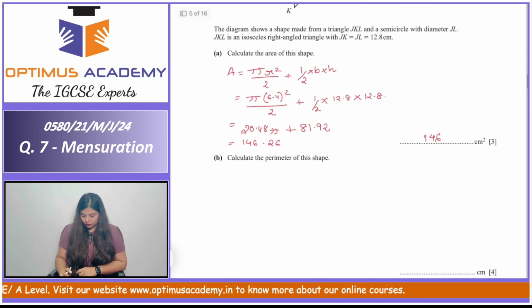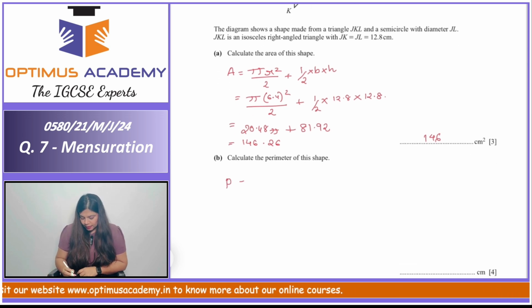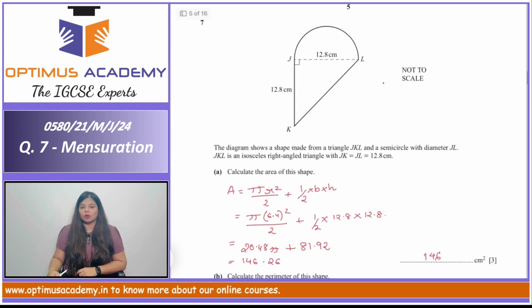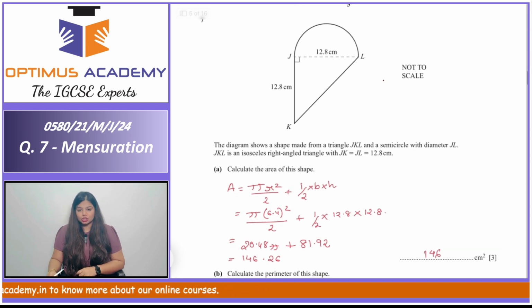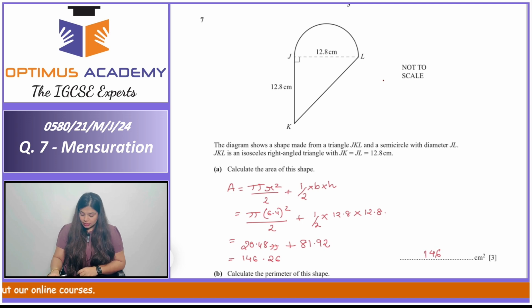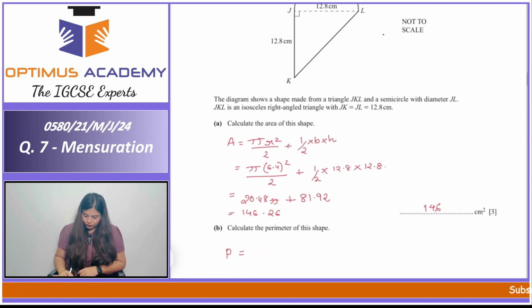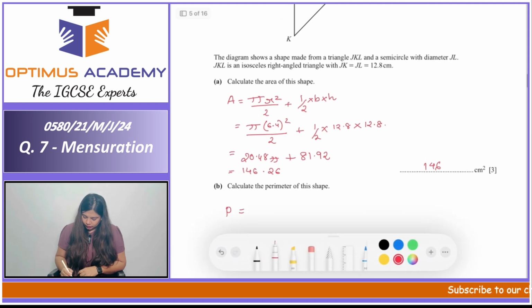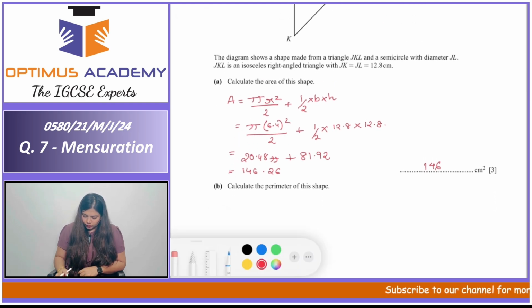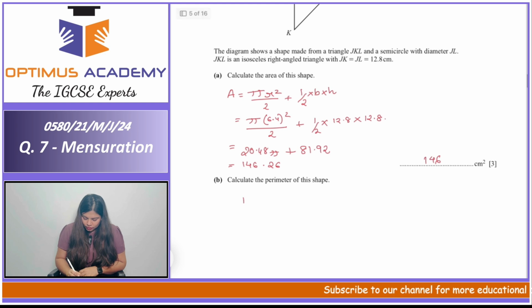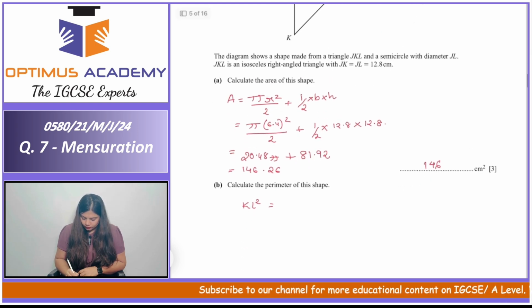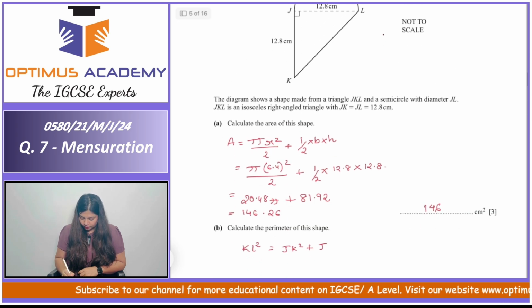Calculate the perimeter of this shape. To find the perimeter of this shape, we are going to add all the given sides, that is JL plus KL plus JK. Since the KL value is not given, we are going to find it using Pythagoras theorem. So, KL equals root of JK squared plus JL squared.